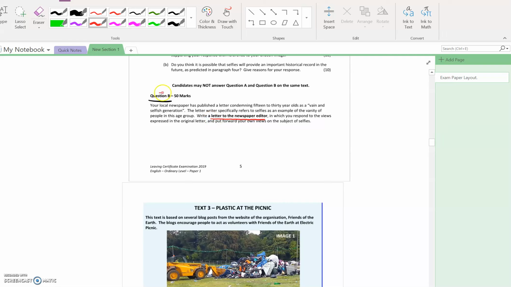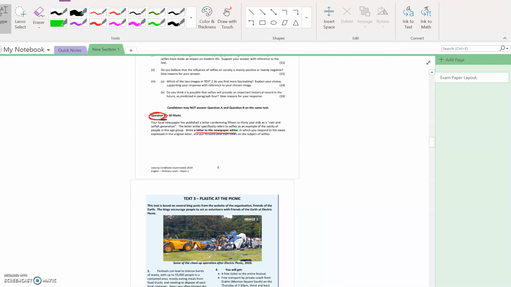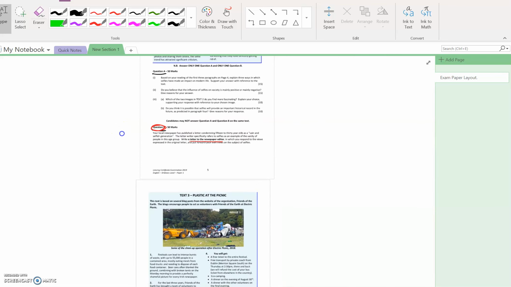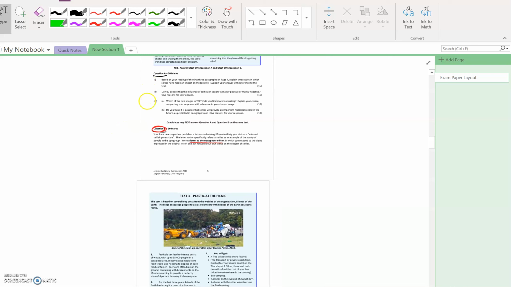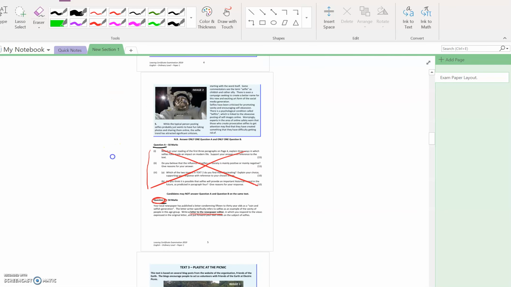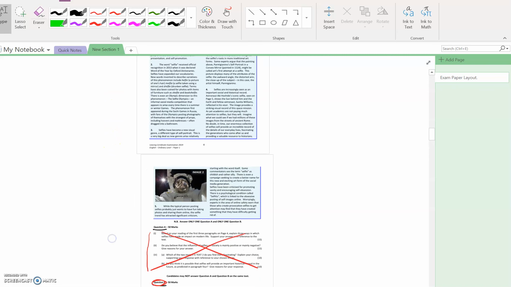I'm going to pick this question B. Now it means that I am not going to then answer on this question A. I can't. I'm not allowed. I have to do 2 different ones. So this is out. So effectively this text 2 is out. Gone. There's no point in me reading it.